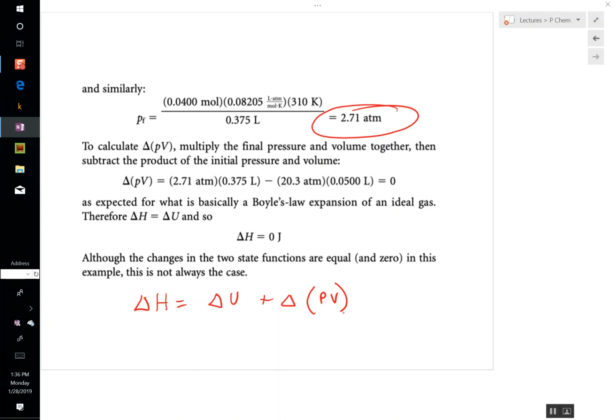What does delta PV stand for? I'm kind of confused. Oh, it's just pressure times volume? Yeah, just pressure times volume. Okay, it's the change in that. Change in the pressure times the volume. But if it's an ideal gas, isn't it always 0?